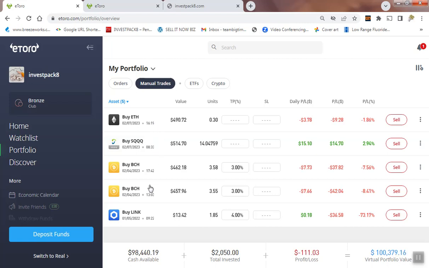This is a practice page that you all get. It's just like the real page. I have this amount of money, cash available, total investment.